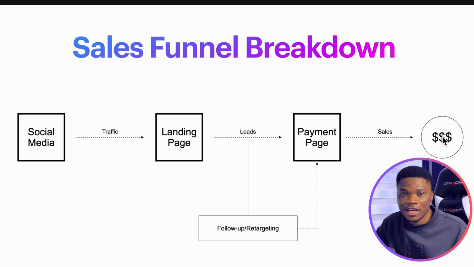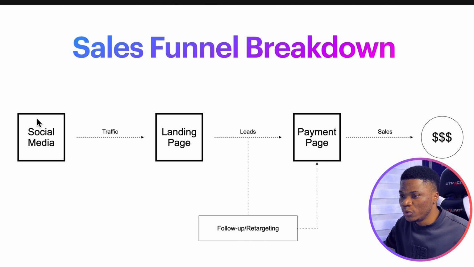That means you still have the other 90% of people out there who have shown interest in your product but have not taken action. So we are going to use retargeting ads to target people who go to the landing page, and then we'll use a separate retargeting ad to target people who got to the payment page but could not complete their payment.